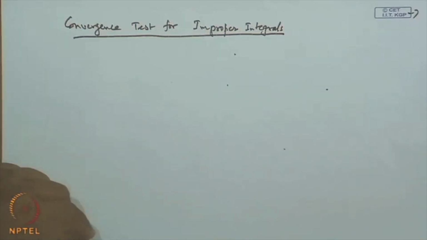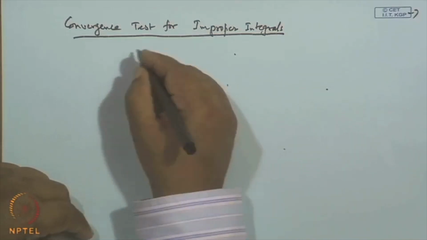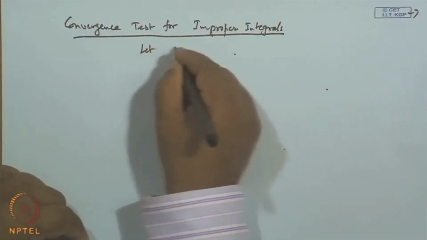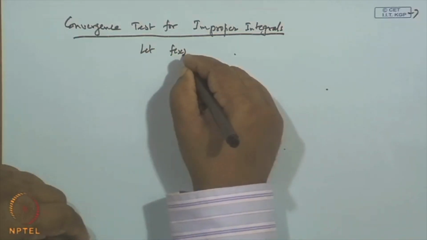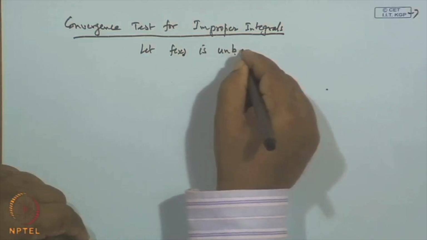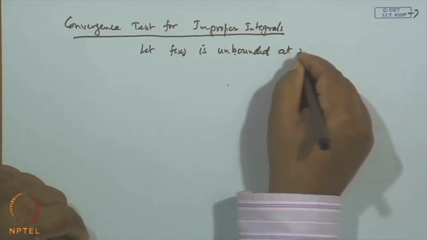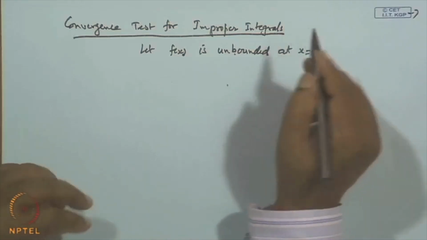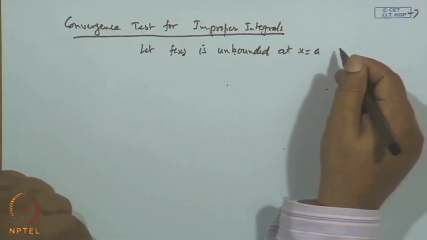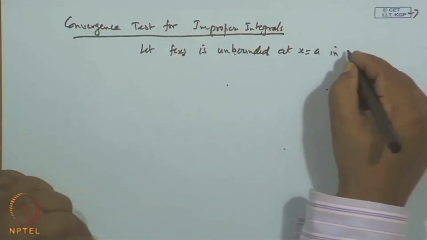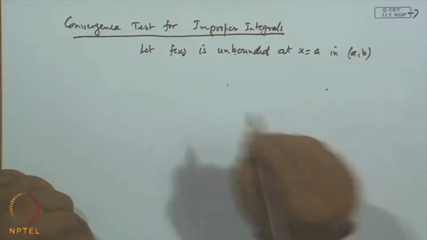So, suppose it is sufficient to consider, let f(x) be unbounded at x equal to a. Improper of the kind 2, of course, x in the interval [a, b].